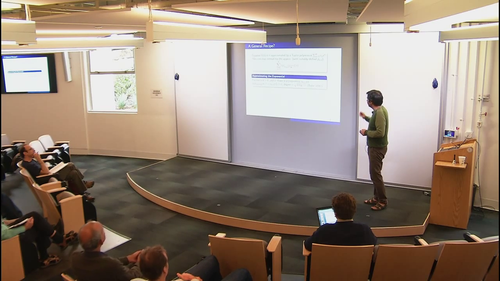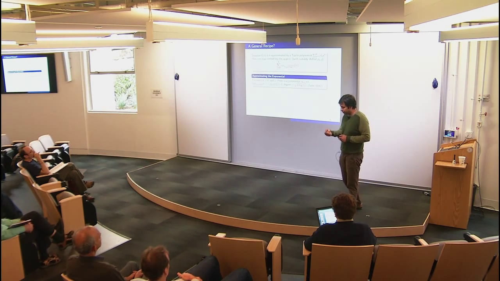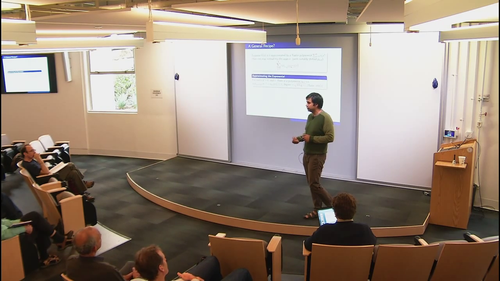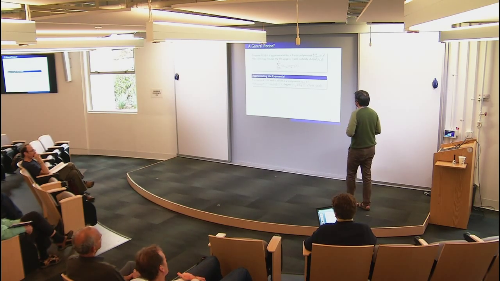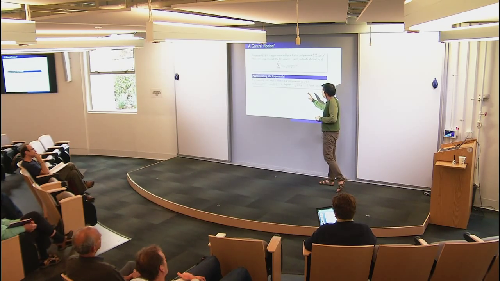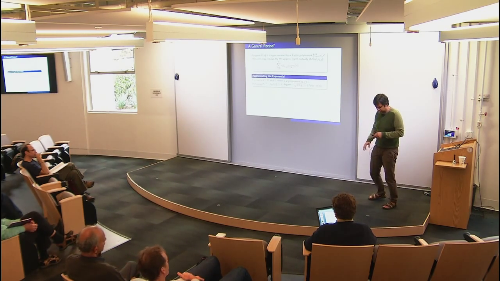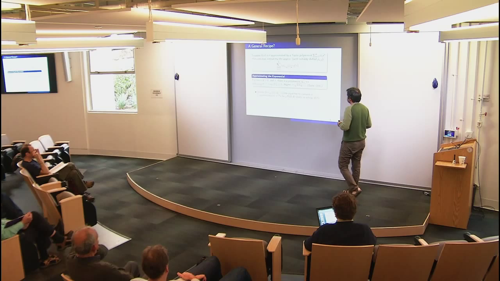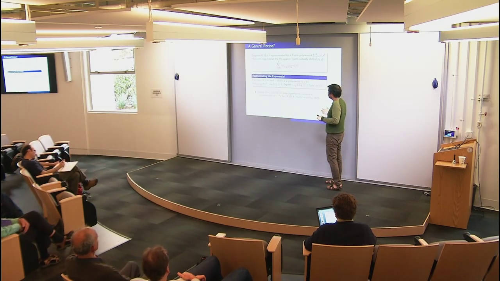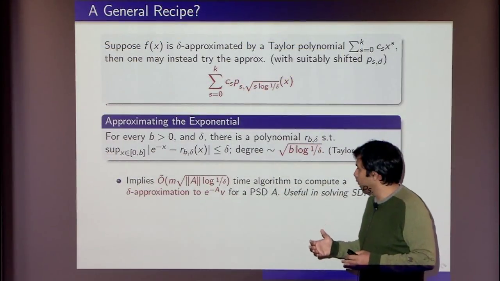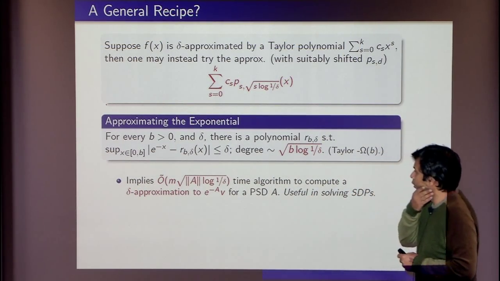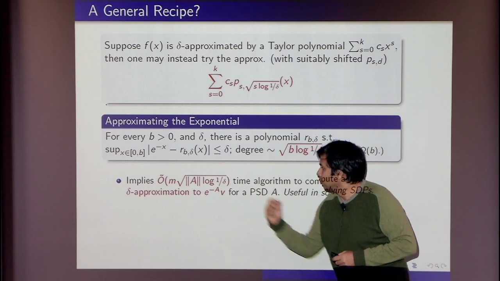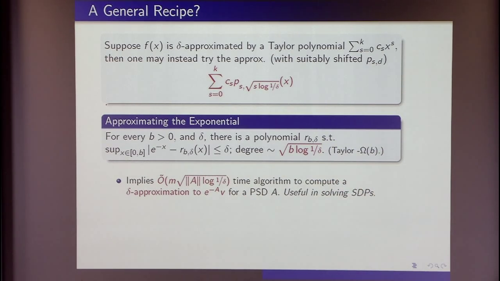But let me also say, I slipped one thing: this is the same square root improvement that you get in Grover search in quantum. People who are familiar with quantum, you can prove Grover search also in this framework. I'm not going to do that. But since our motivation was things like solving semi-definite programs, and this multiplicative weight update method of Arora and Kale required us to compute things like a matrix exponential times a vector, this does give improvements on running time for many semi-definite programming algorithms.